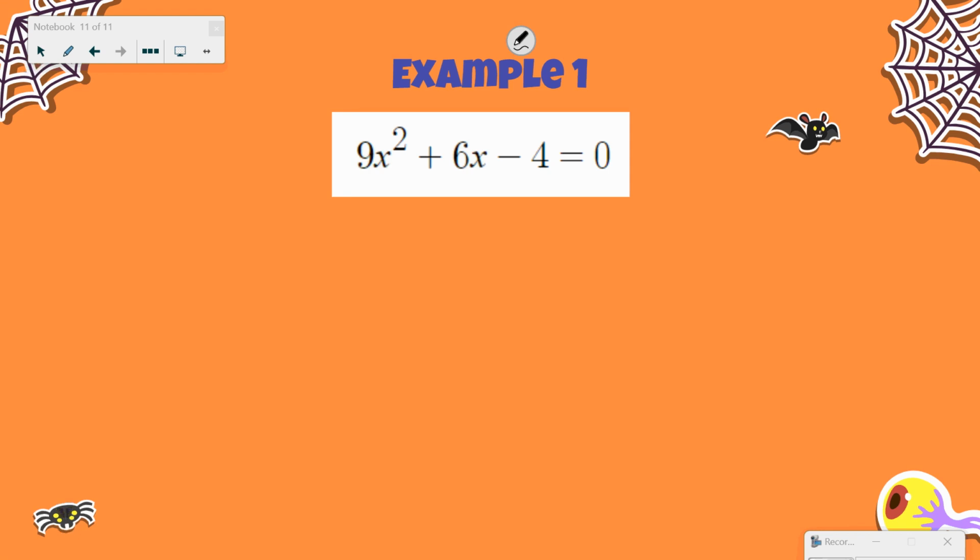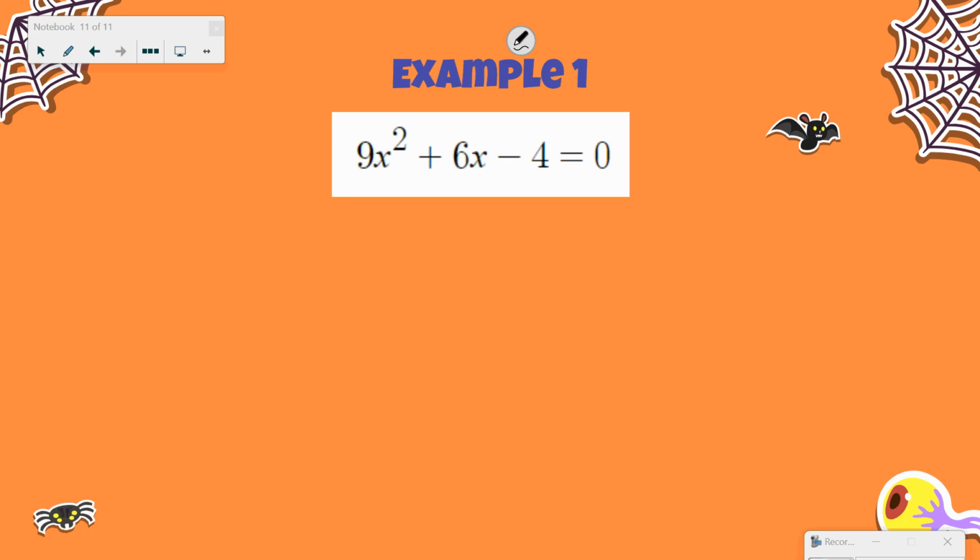What did Akash remind us about last slide? What was our number 1 thing to look for first? If it's equal to 0? Yeah, so maybe you didn't recognize it because we're already set up right there, right? We're equal to 0, so that's check number 1.